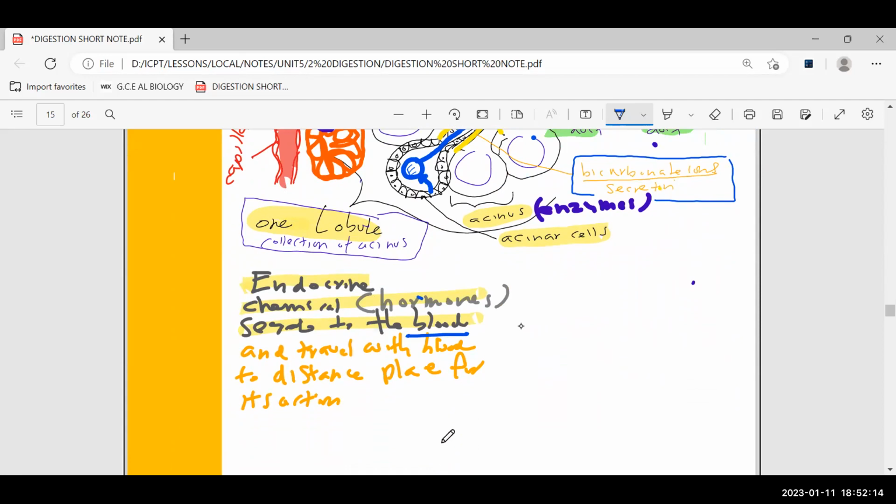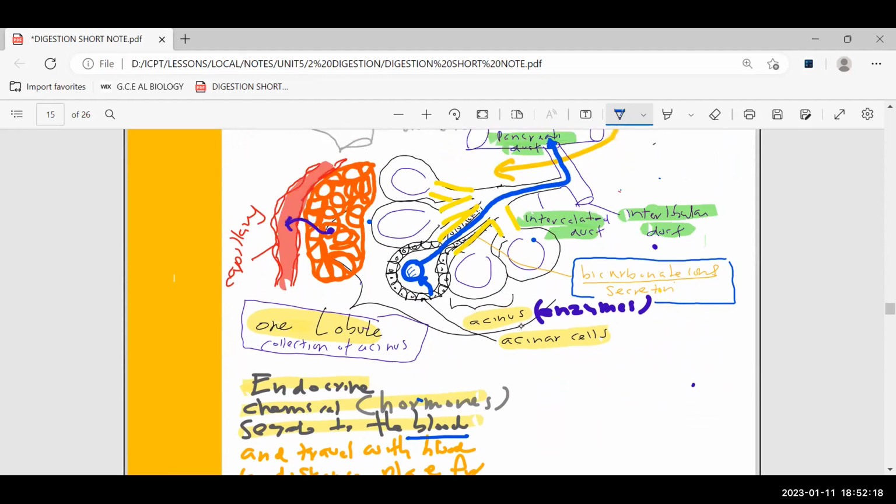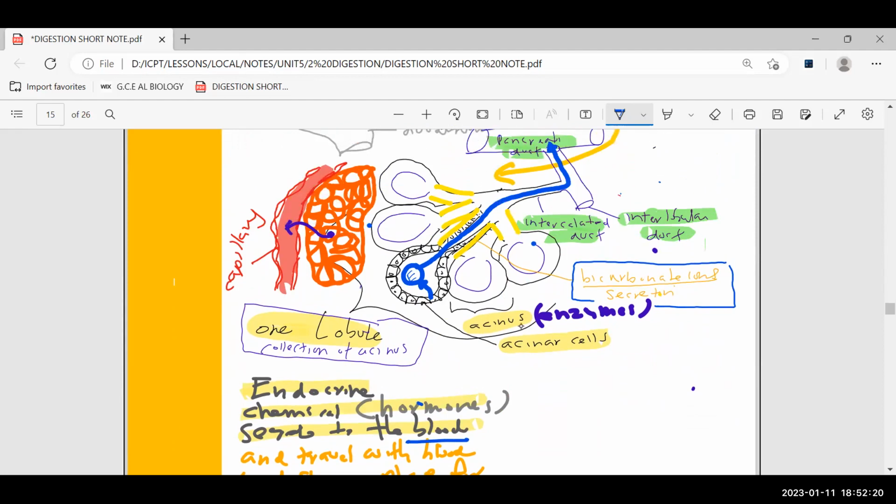Okay, then what is this structure? This structure of the pancreas which secretes hormones is called an islet.